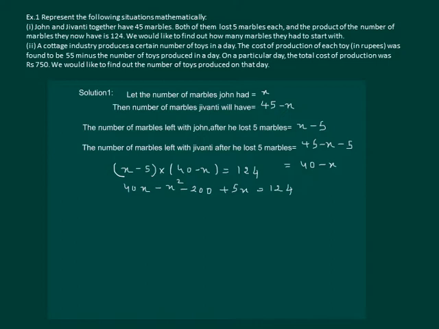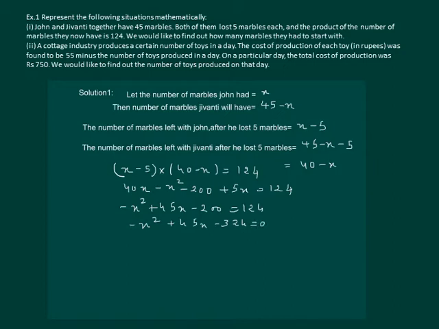Let us solve this further and put it in standard form. We get −x² + 45x − 200 = 124, or −x² + 45x − 324 = 0.